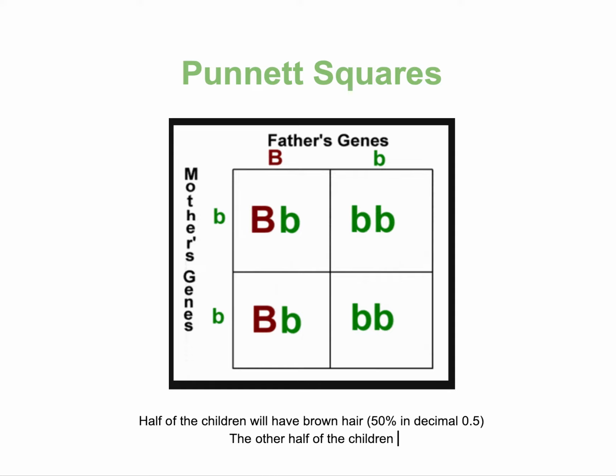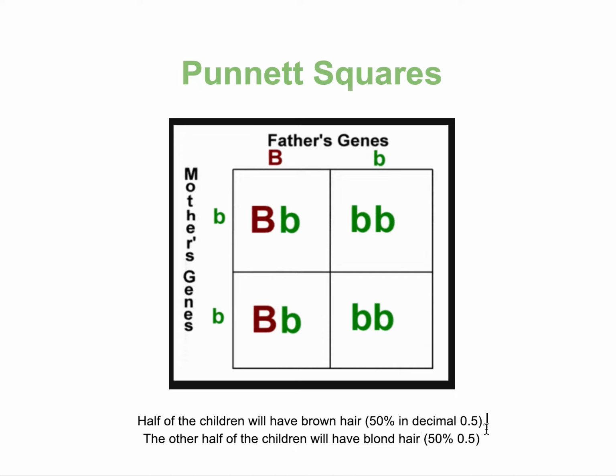blonde hair, 50%, or 0.5. So if you are asked what is the probability that the children will have blonde hair, you will say 0.5.